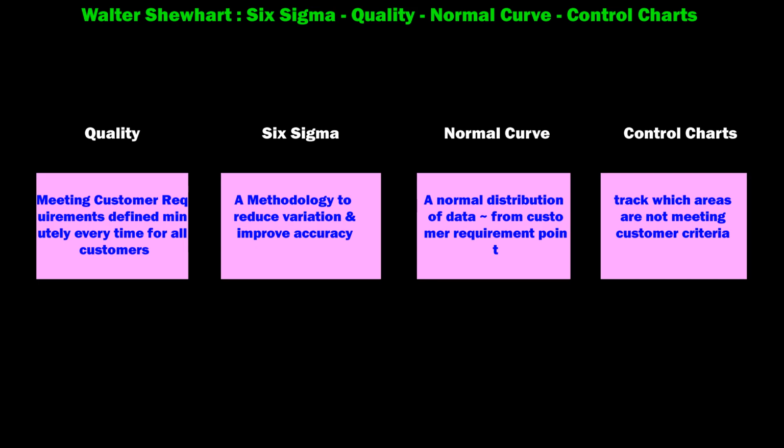What is normal curve? Normal curve is just a data distribution. Important point is it shows us the distribution of customer requirements in a data format, and where are we meeting our goals, where are we not meeting our goals.